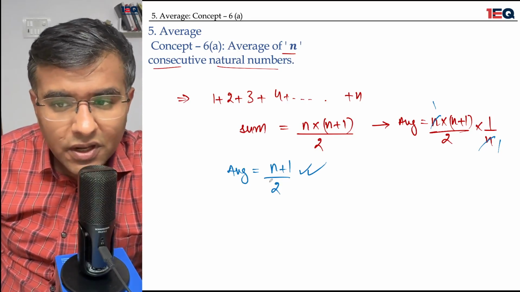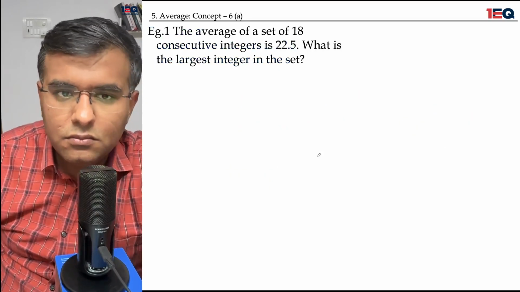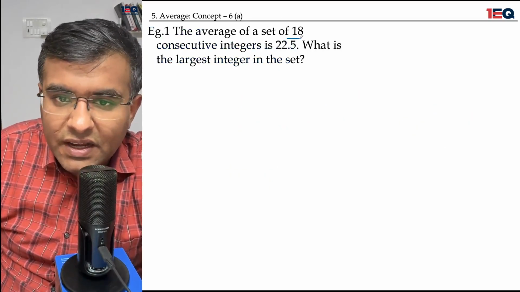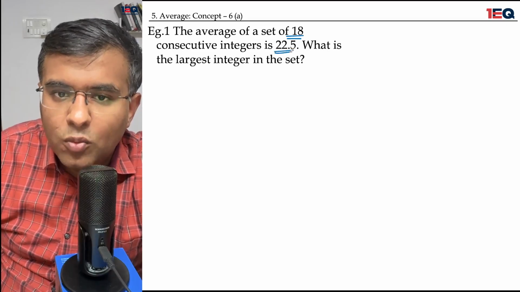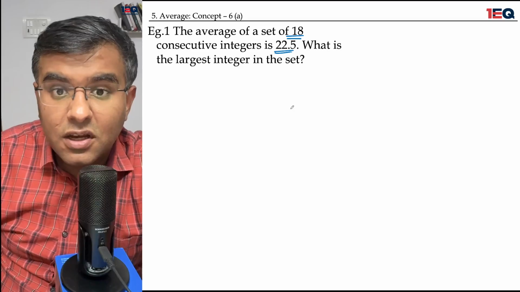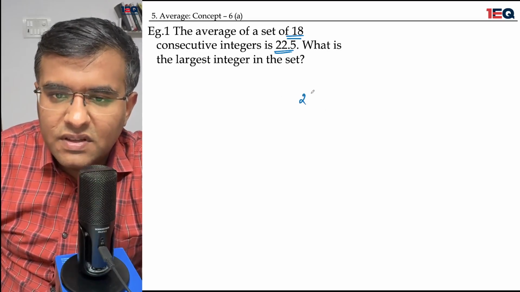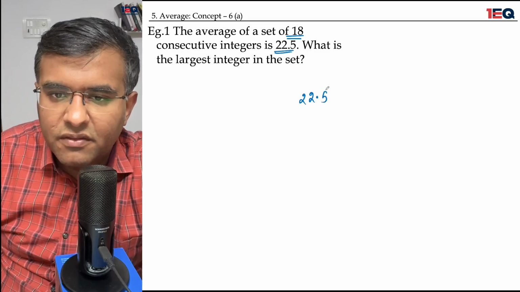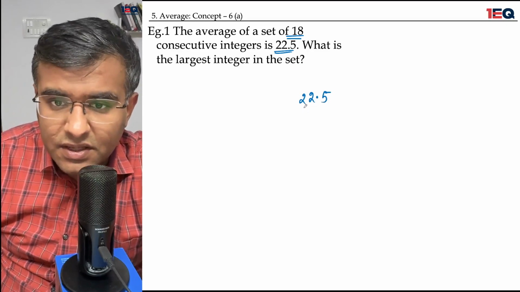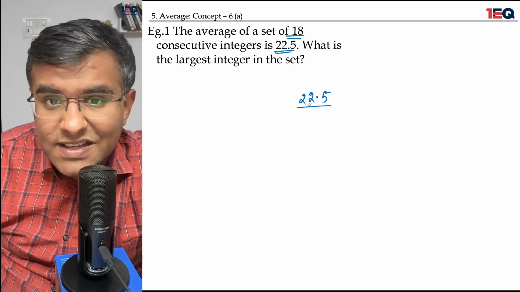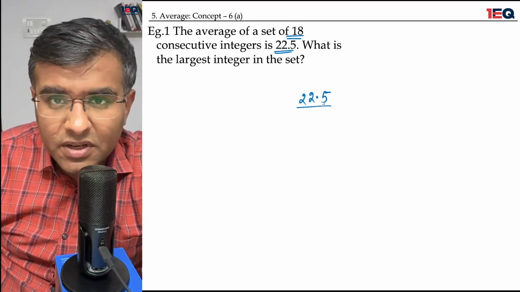Right? Moving on. The average of a set of 18 consecutive integers is 22.5. So if the center point is 22.5 and they are integers, the one which I have over here is a decimal number. Okay, this can be represented as a fraction.